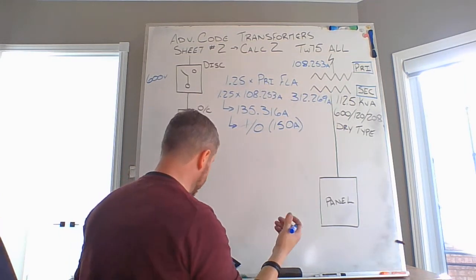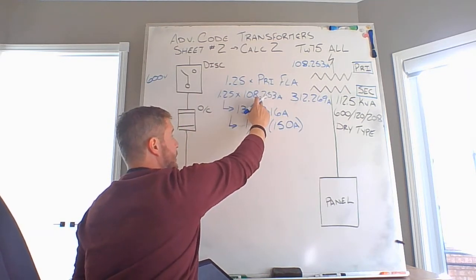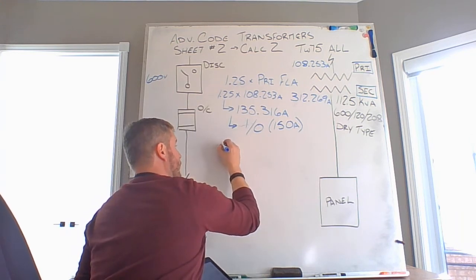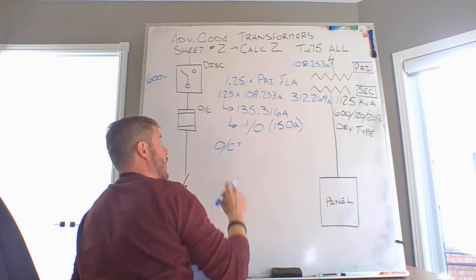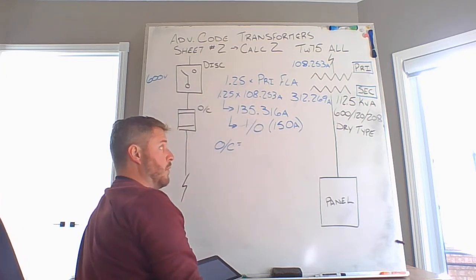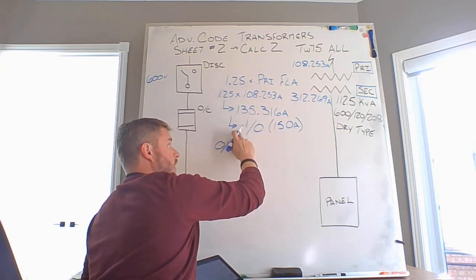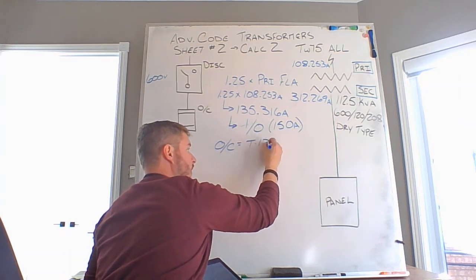So at that point in time, the same multiplier exists, being 125% my primary FLA, for sizing my overcurrent device. My overcurrent device at that point in time is the same multiplier at 125%, being 135.316 amps. Take that value and the conductor gauge that you have selected to table 13, once again.